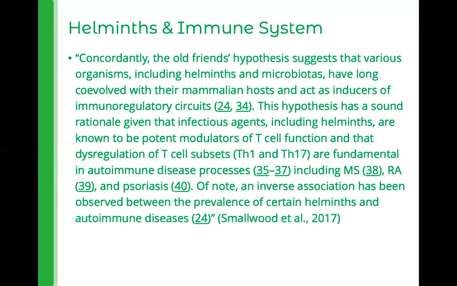And that shows it, because it's only a hypothesis. So they're basically saying infectious agents like helminths can be modulators of T cell function, but also dysregulation of subsets. So it helps to modulate T cells as a whole, but can dysregulate specific subsets like Th1 and Th17.